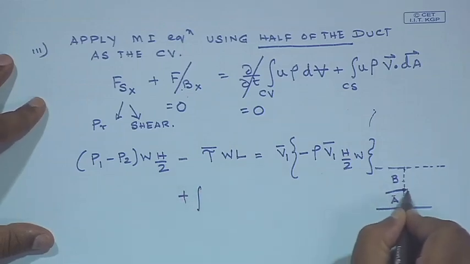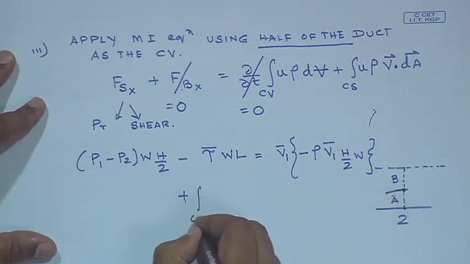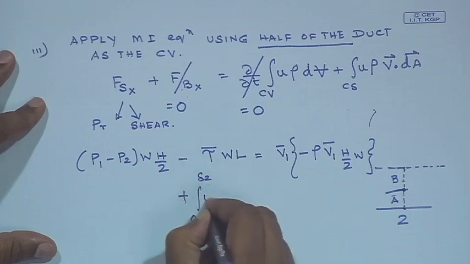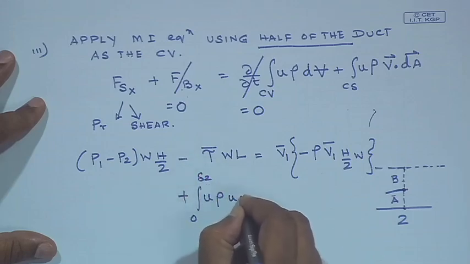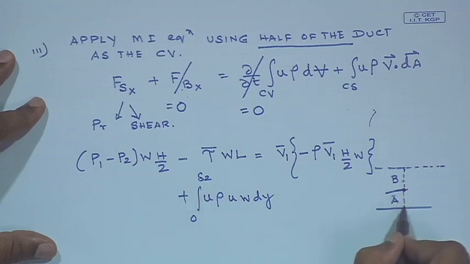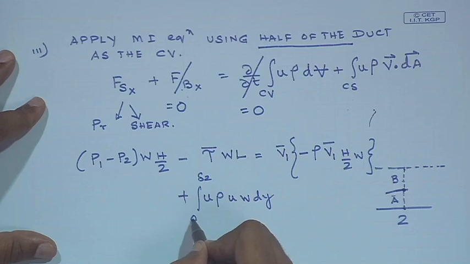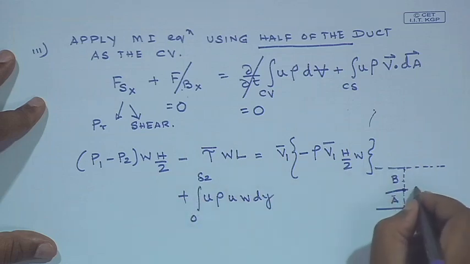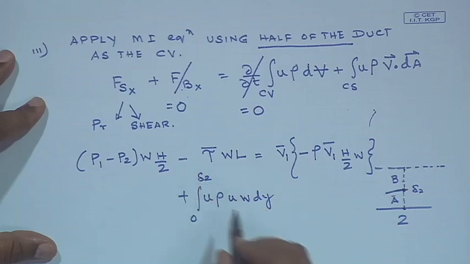Therefore, the amount which passes through A is integral from 0 to delta 2 of rho u w dy. Note that u is a function of y in the A region, therefore I am using the integral sign, and I know that the thickness of A is up to delta 2.